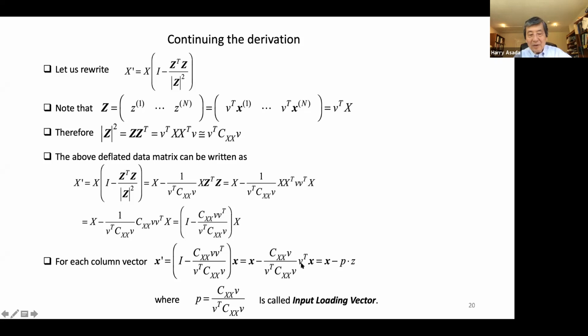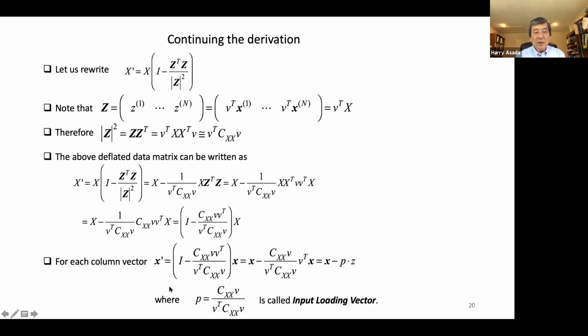And the rest of the part is basically a vector, and the denominator is a scalar quantity, and this is a matrix times a vector, so it's basically a vector, right? And then we replace it by P. P is this guy. This is called the input loading vector.